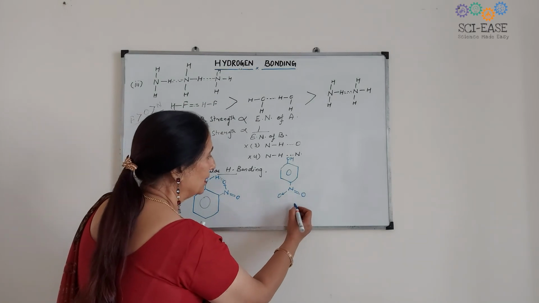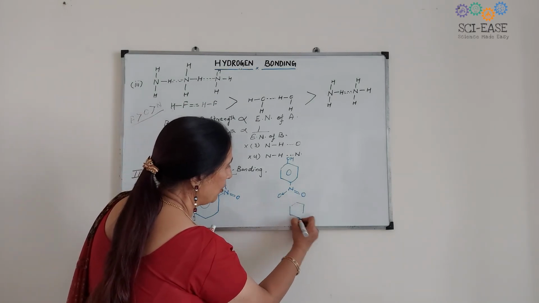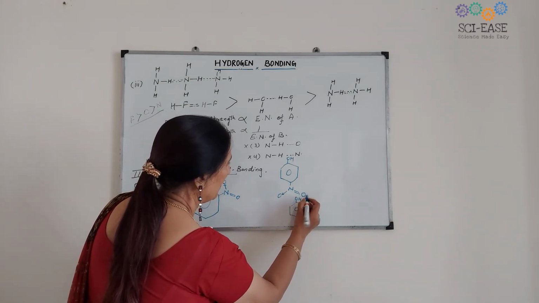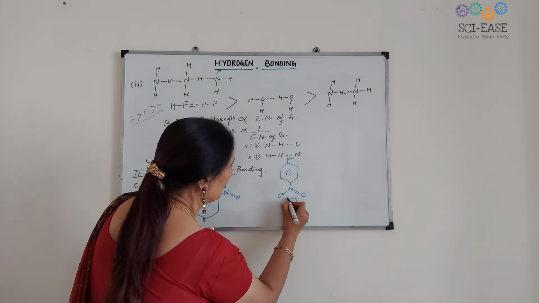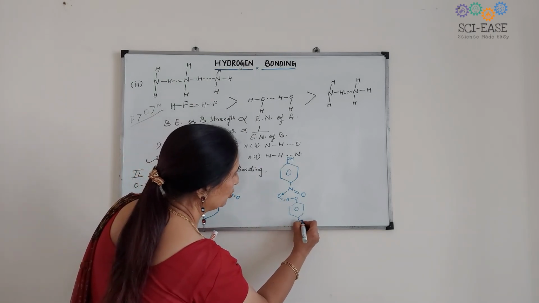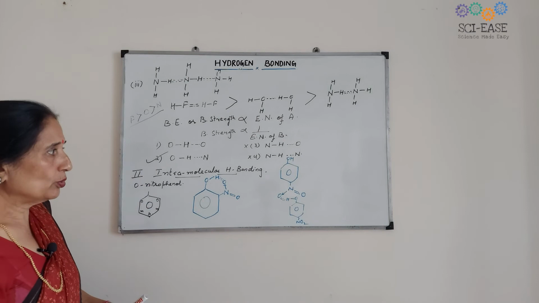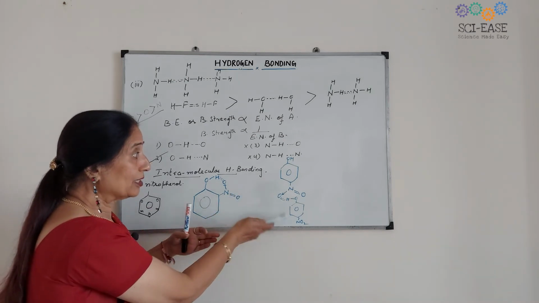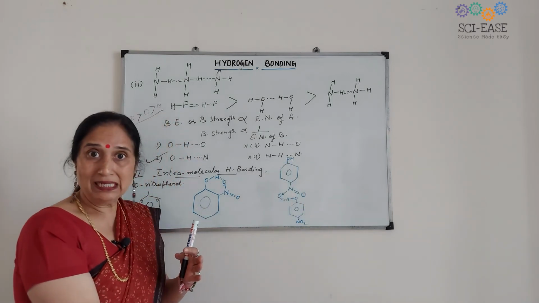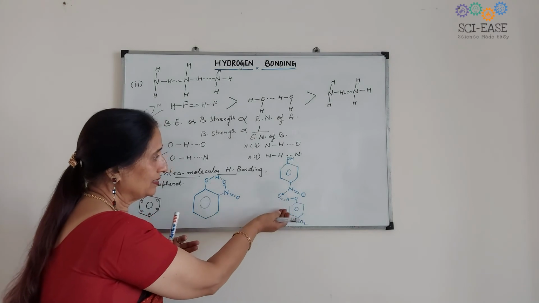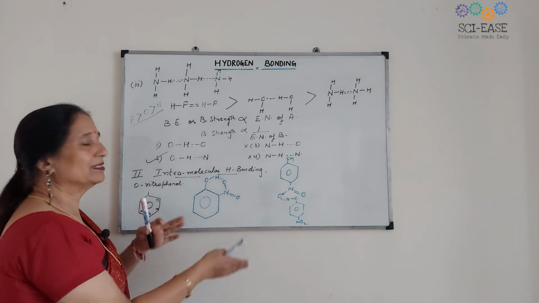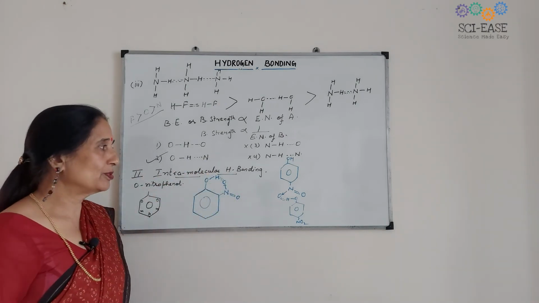So when another molecule of this para-nitrophenol is there, the bond that is formed is a hydrogen bond, and here there is an NO2 group, suppose. So this is the example of the intermolecular hydrogen bond. Here the two molecules of para-nitrophenol are taken and the bond is formed between the two molecules. And here the bond that is formed within the molecule, that is the intramolecular hydrogen bonding.